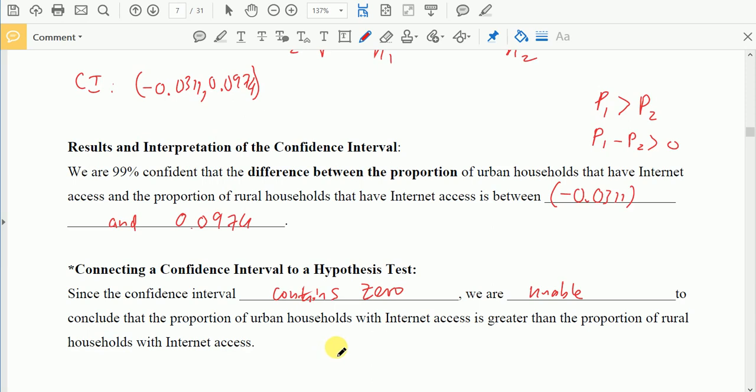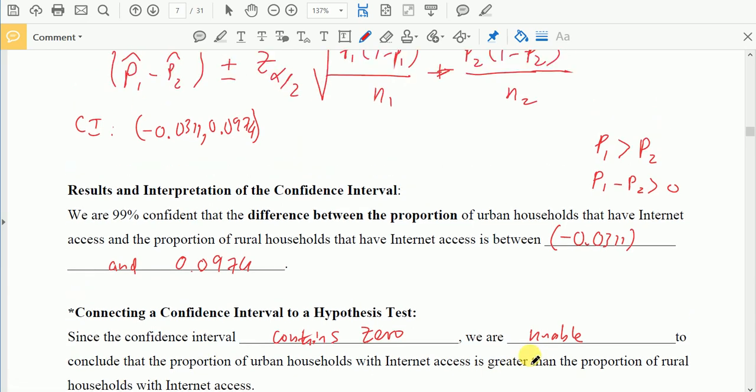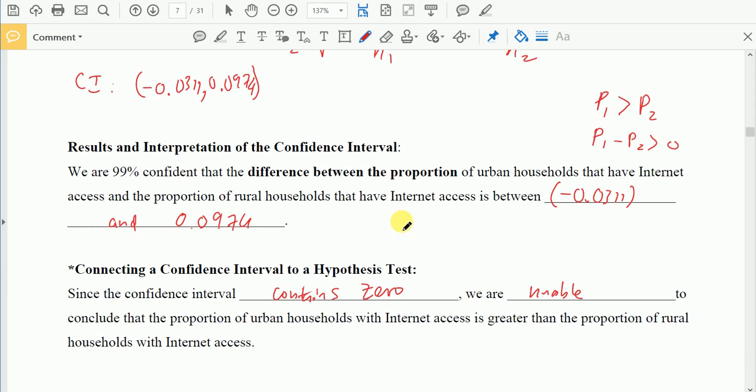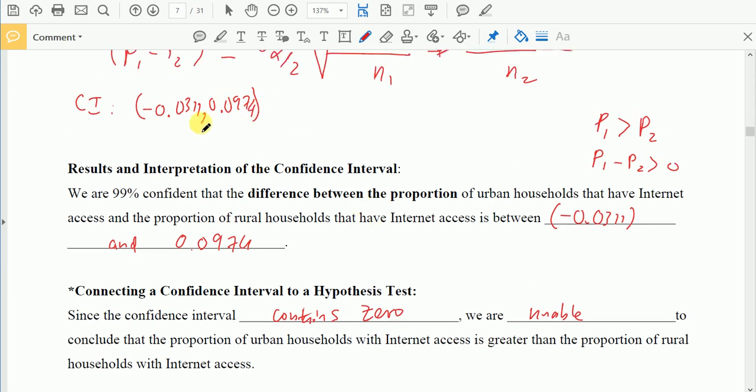The reason that we are unable to conclude that this is bigger than, because if you look at here, P1 minus P2 should be bigger than 0, right? And the 99% confidence interval includes the negative number.